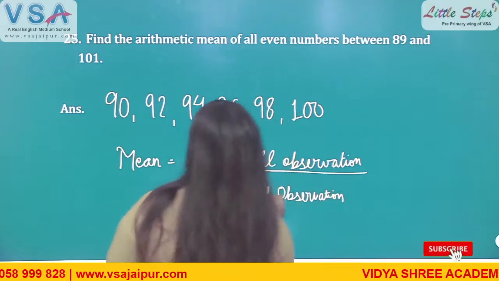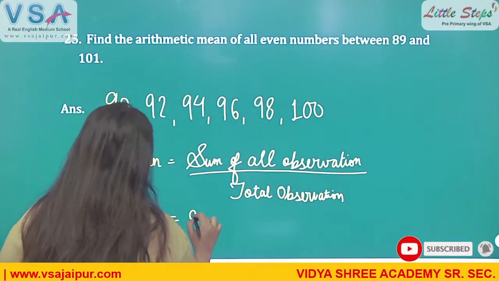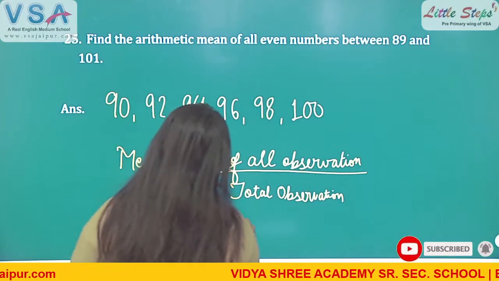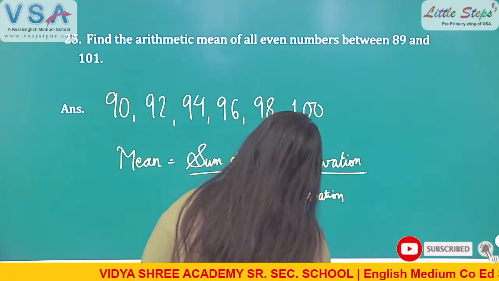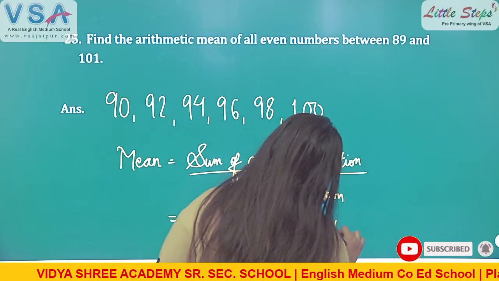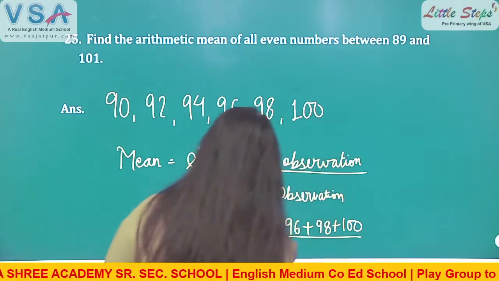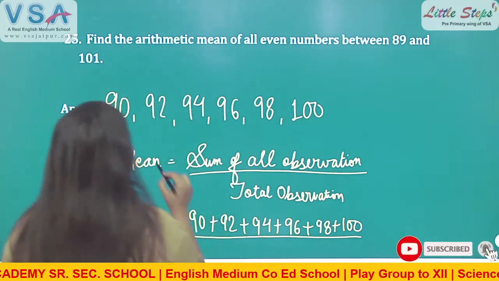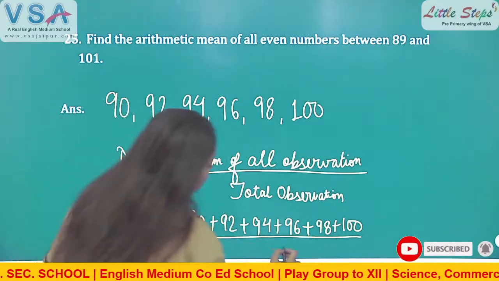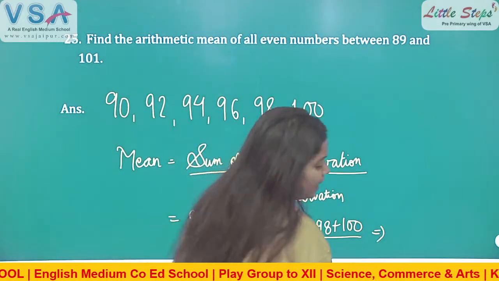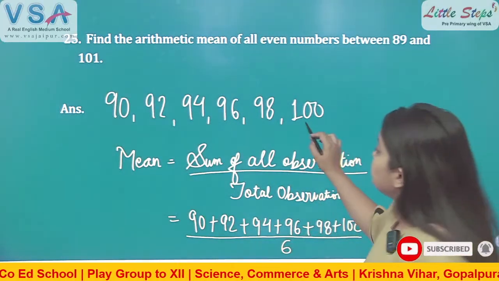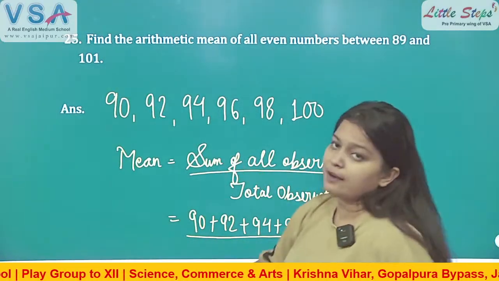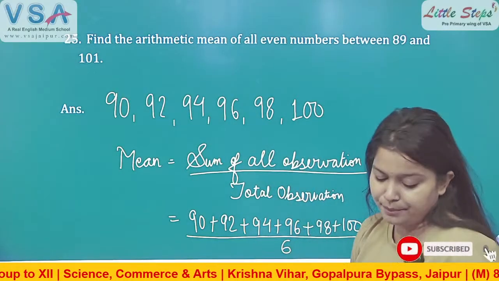Similarly, we have to add all the numbers to find out mean. 90 plus 92 plus 94 plus 96 plus 98 plus 100, divided by how many numbers are there? 1, 2, 3, 4, 5, 6. We have to divide the sum by 6, as we have 6 numbers.